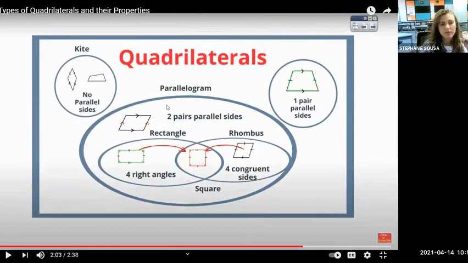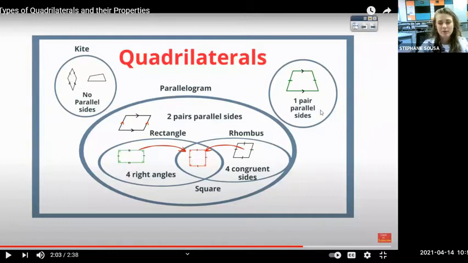Okay, so again, we see here that family example. All of these are in the family of parallelogram. The trapezoid doesn't have a family. It is the only quadrilateral with 1 pair of parallel sides. It is all by itself. Leah smiles. I used to sing that to her with breakout rooms.